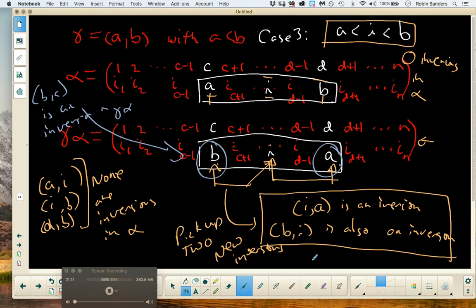And that's going to basically say that we can account for all of the differences in inversions by looking at these various pieces.